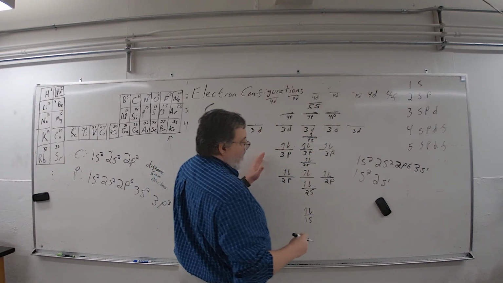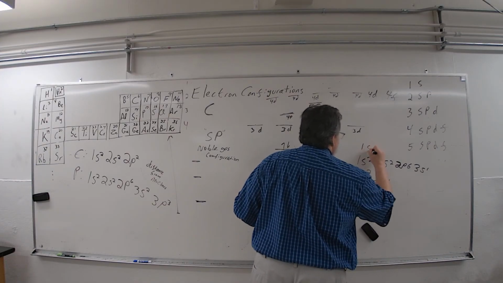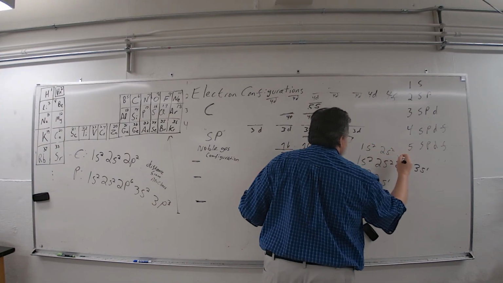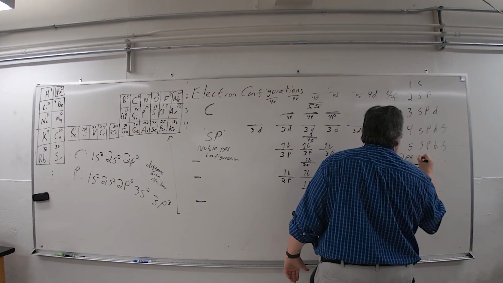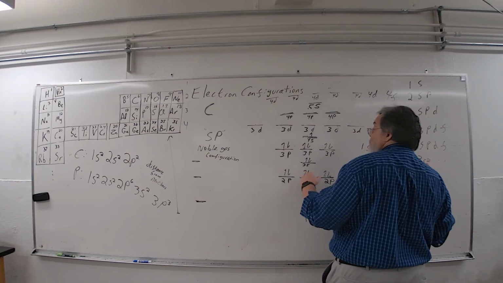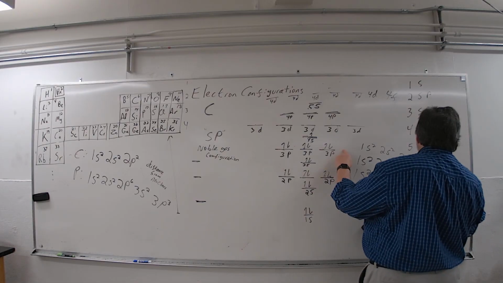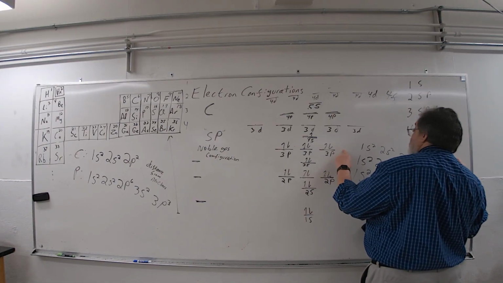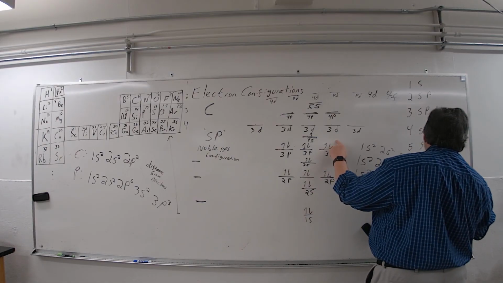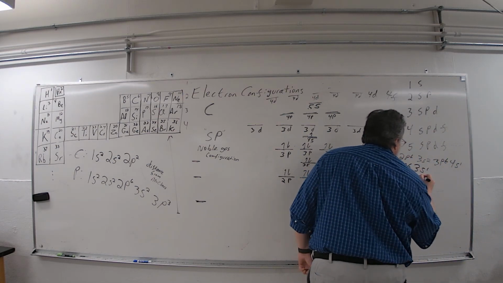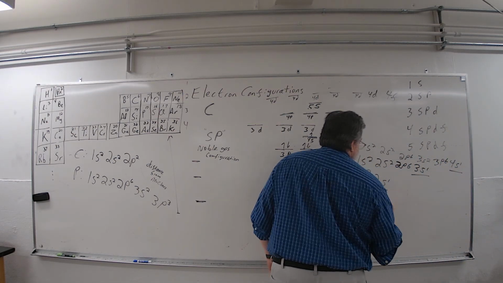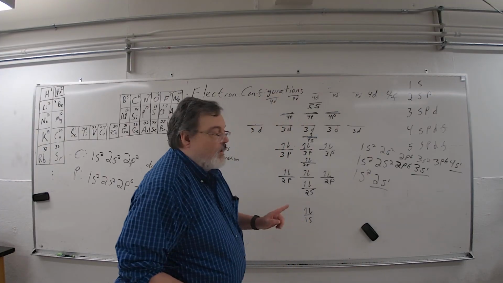Now if I wrote that configuration, it would be 1s2, 2s2, 2p6, 3s2, 3p6, 4s1. So the outermost electron for these is in an s orbital, and there's only one of them.